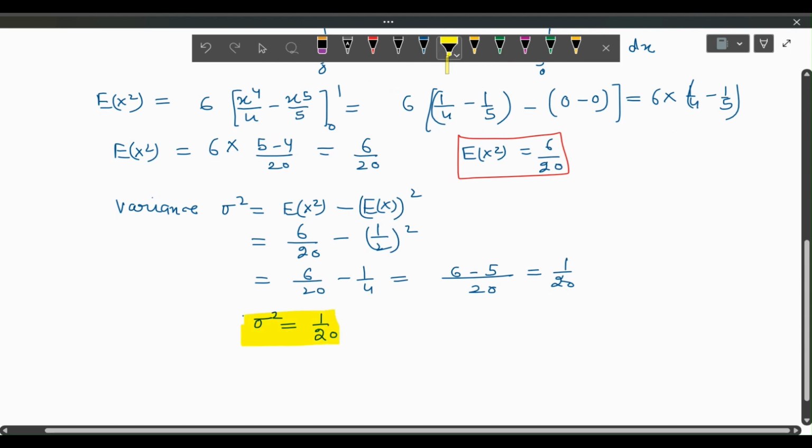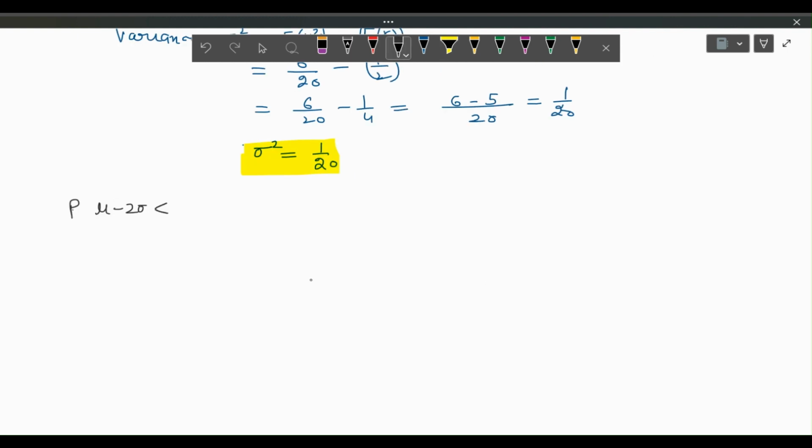Now we have to solve the third part, the probability that mu minus 2 sigma is less than x less than mu plus 2 sigma. First I am calculating mu minus 2 sigma. Mu is 1 half, minus 2 times sigma.